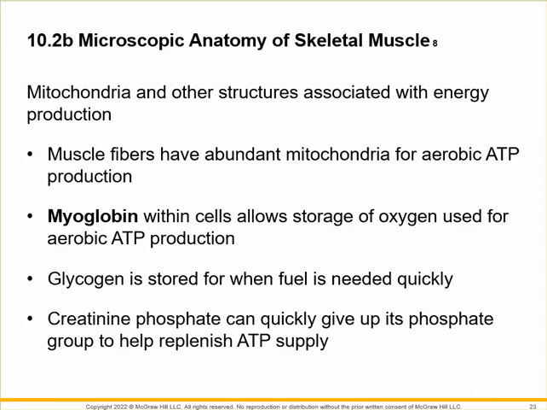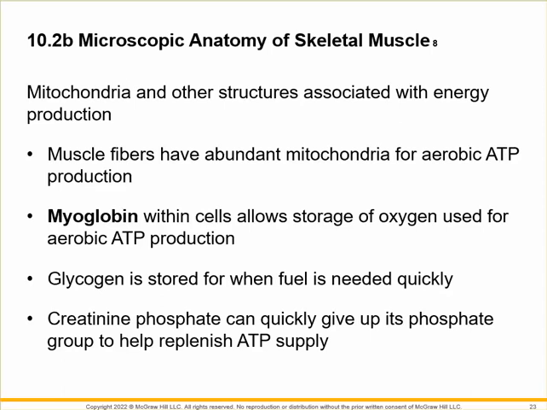So we should store that stuff in the muscle. We store oxygen on a molecule called myoglobin. Virtually the same thing as hemoglobin, except that it's found in muscles. And it's red. It's pigmented, and this is why skeletal muscle is red, because of the myoglobin.